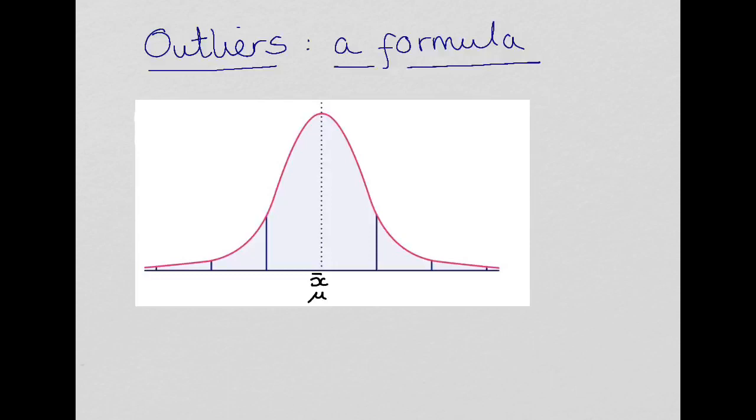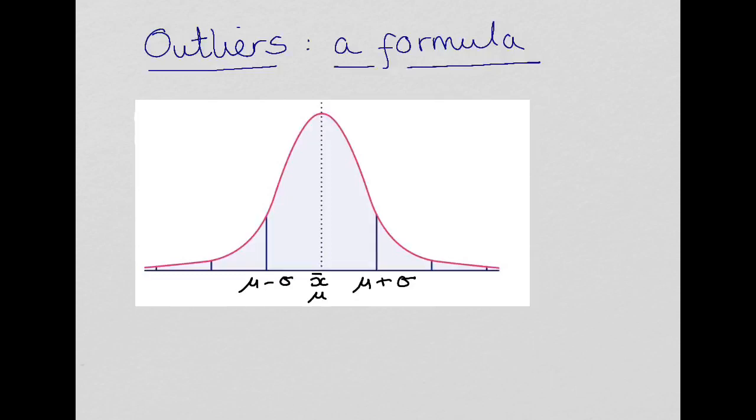Now on a normal distribution, it's got very specific points here which lie within certain percentages of data. So this point here is mu plus sigma, and that point here is mu minus sigma.